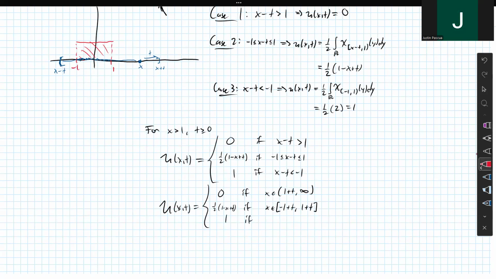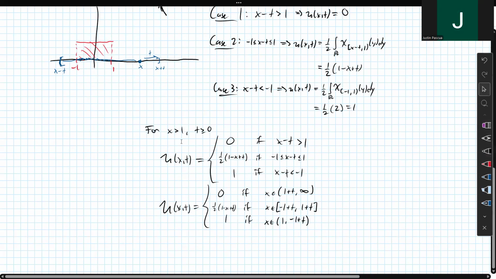And this third one, we have to combine this inequality with this to rewrite this as x in open 1 to -1 plus t. Right. Now this last inequality looks kind of weird because, for example, what happens if t is less than 2? In this case, this just ends up being empty, and these two intervals span all of x greater than 1. So this is actually fine. But this is only for t greater than or equal to 0.